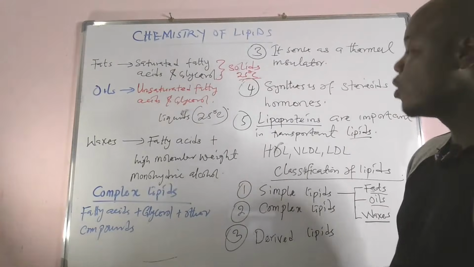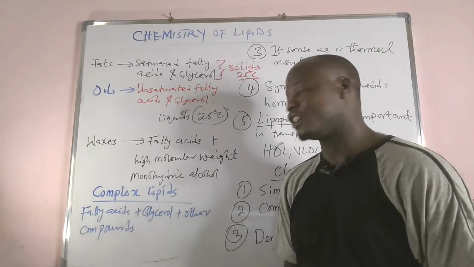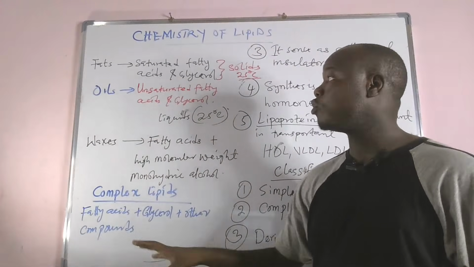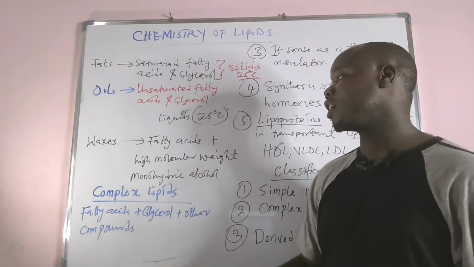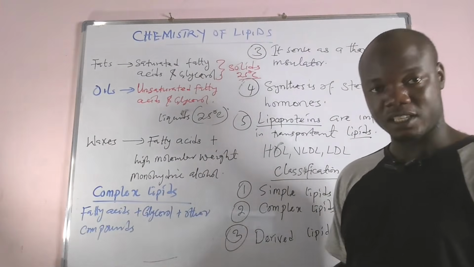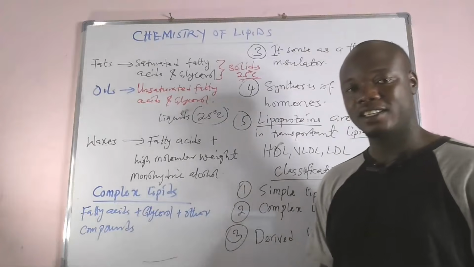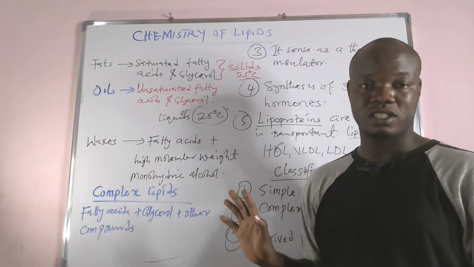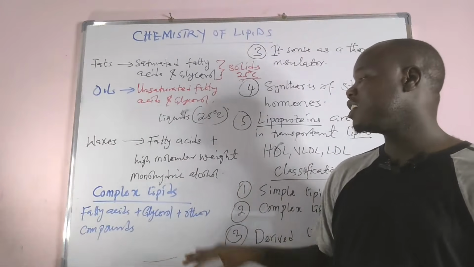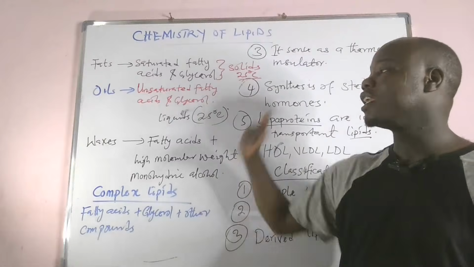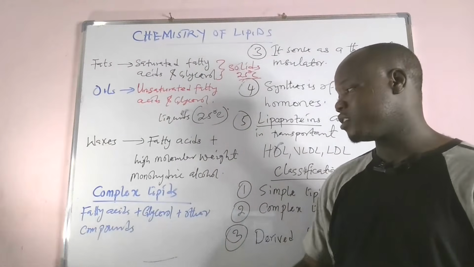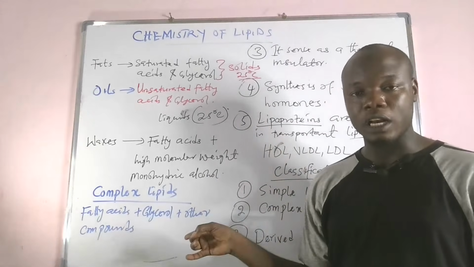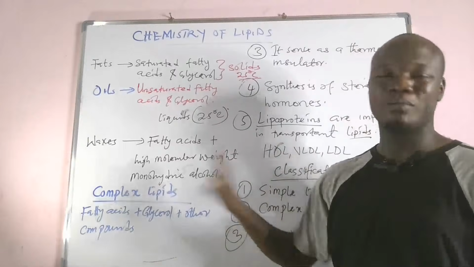You see, simple lipid is simple because it is just made up of fatty acid and alcohol, irrespective of the class of fatty acid and the class of alcohol. But in the case of complex lipids, apart from the fatty acids plus glycerol, it also contains other compounds. So that is what makes it complex.